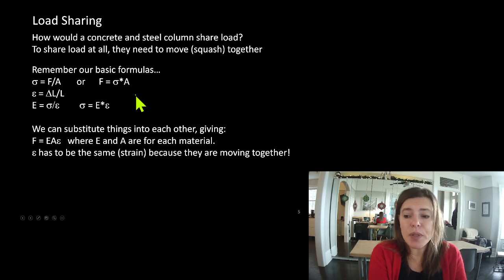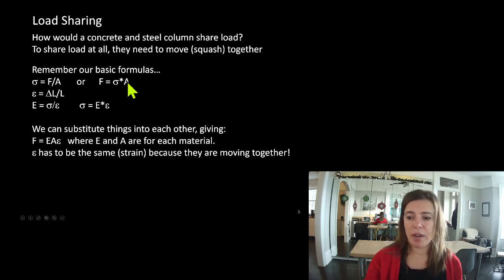Let's start substituting some things into each other. If I take this equation here, force equals stress times area, instead of stress, let's use E times strain. So F equals EA strain, where E and A are for a particular material.